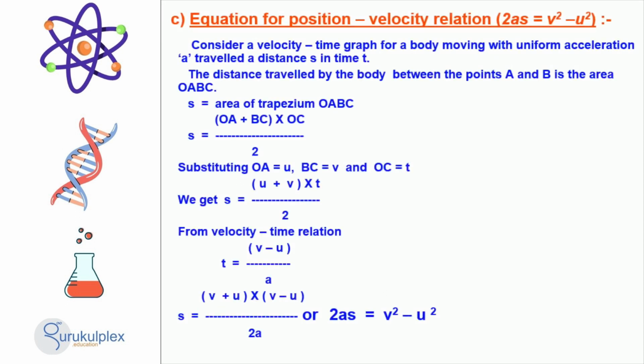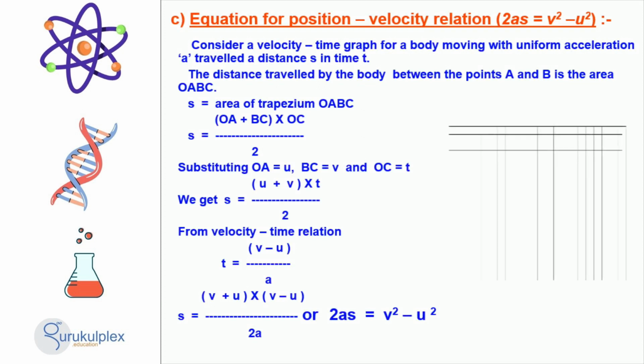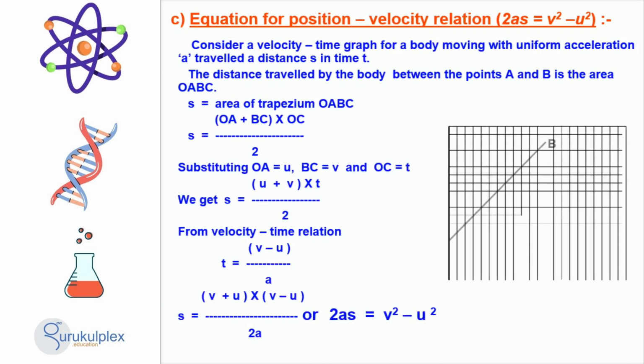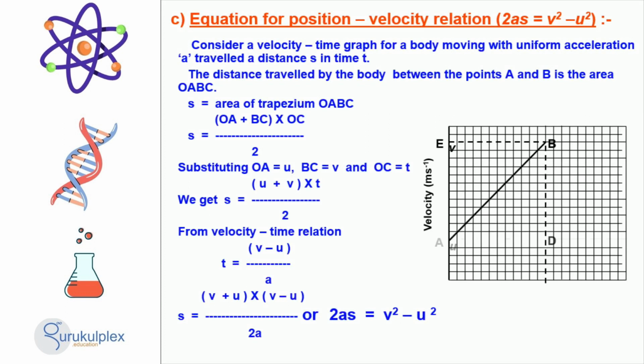In the velocity time graph, a body is shown moving with uniform acceleration, from point A to point B. The position-velocity relation equation states that 2as is equal to v squared minus u squared.